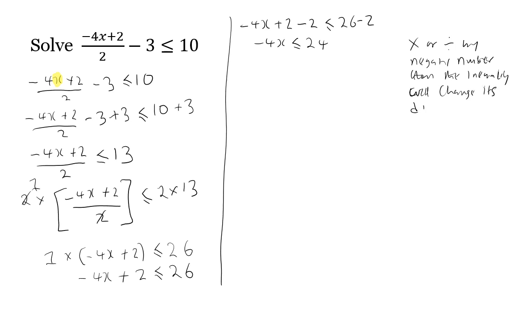So the inequality will change its direction whenever you divide. So here we divide by minus 4, so the inequality, instead of less than or equal to, will change to greater than or equal to.